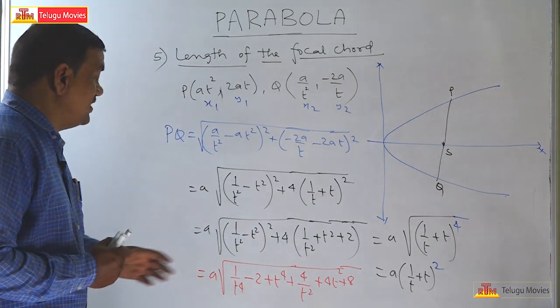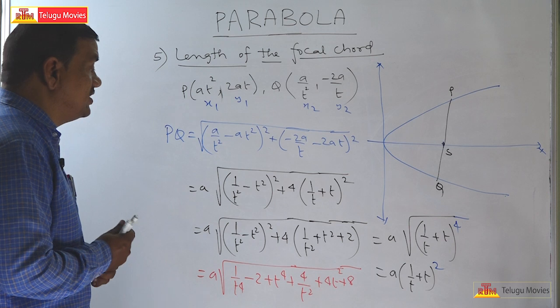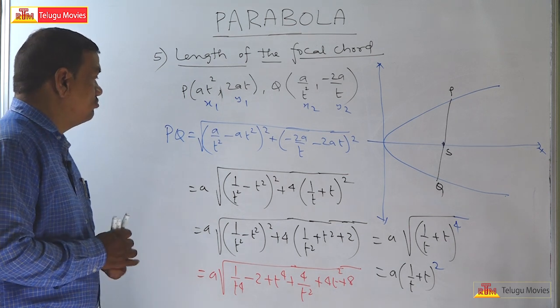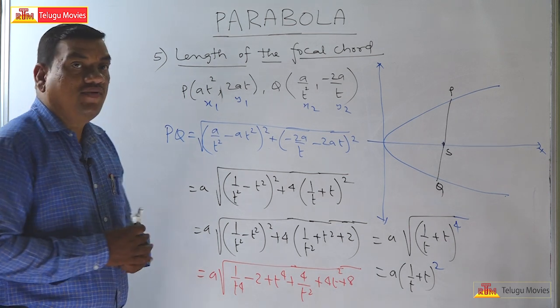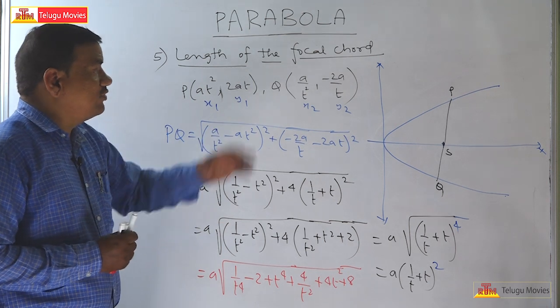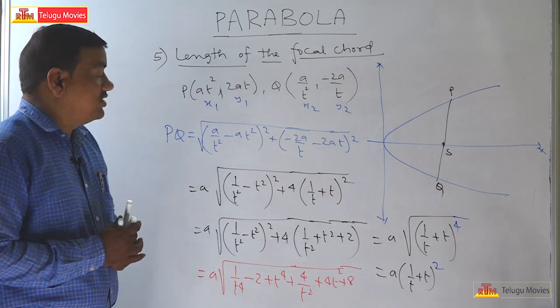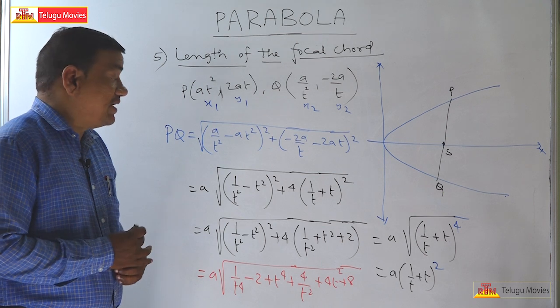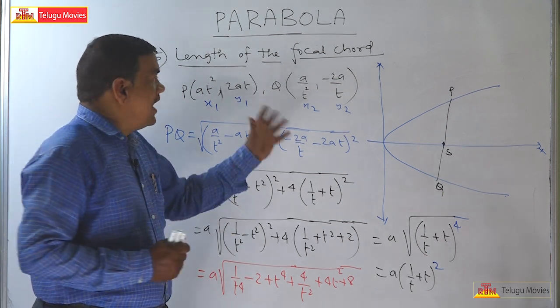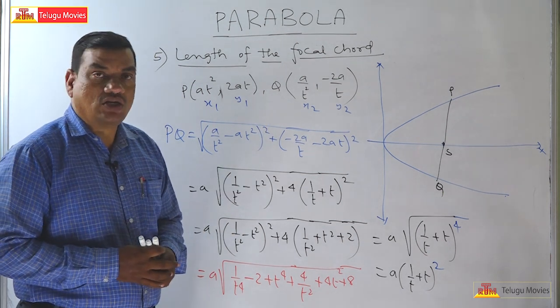If you simplify this, you will get (1 by t plus t) whole to the power of 4. So that will be your final calculation. So the length of the focal chord is equal to a times (1 by t plus t) whole square. Okay, now I hope that you understand this concept.